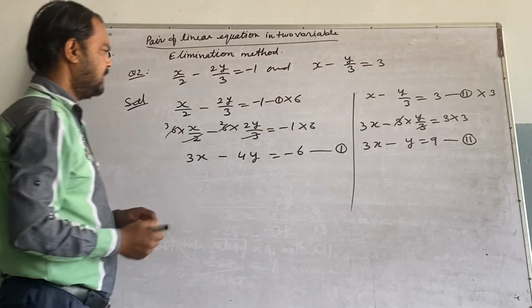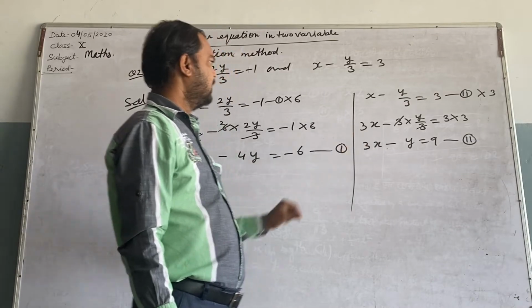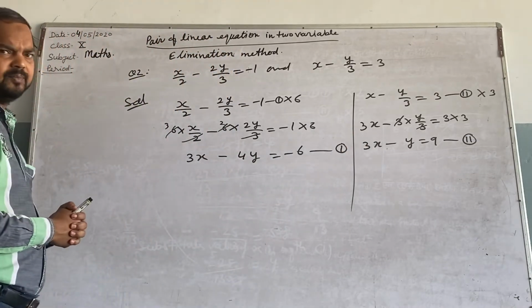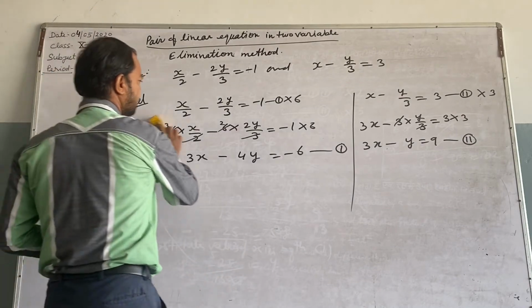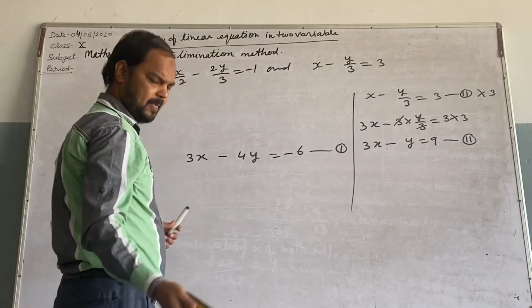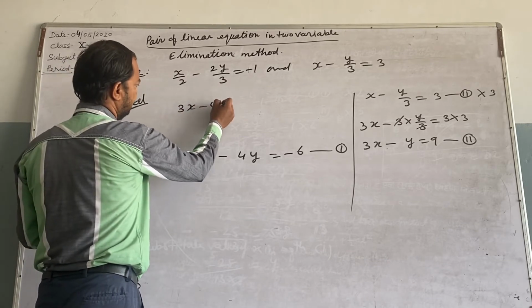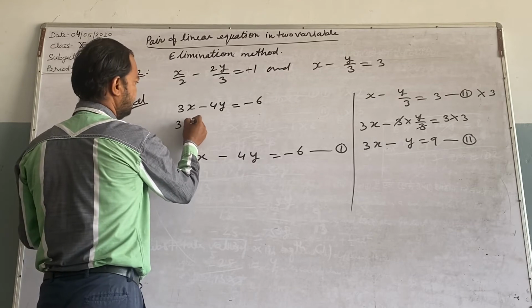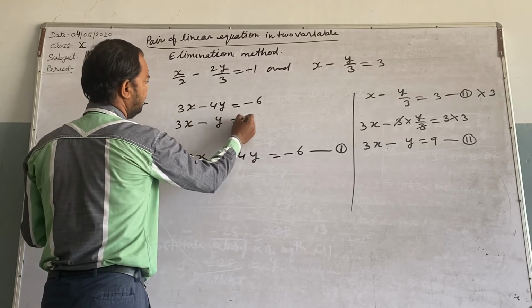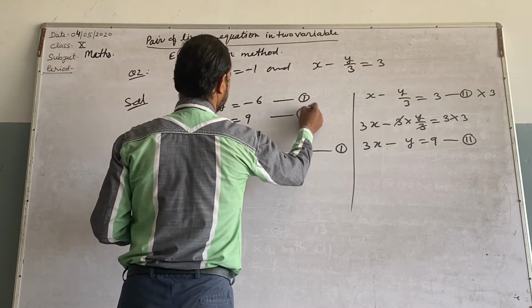Right? See here, your equation number 1 is this, equation number 2 is this. Now write the two equations: 3x minus 4y equal to minus 6 and 3x minus y equal to 9. This is equation number 1, this is equation number 2.